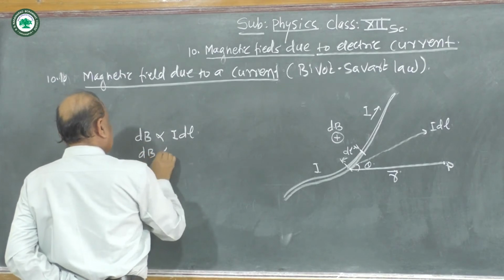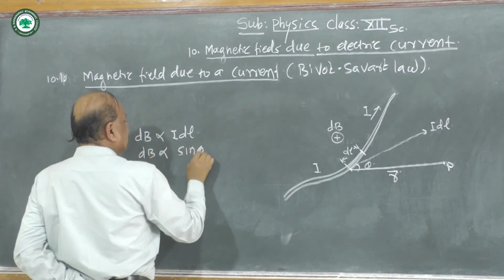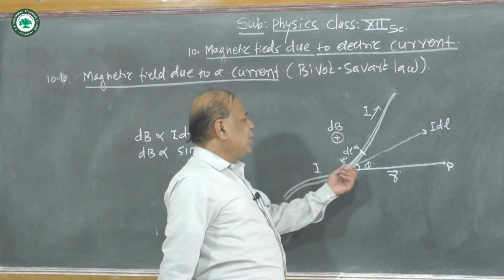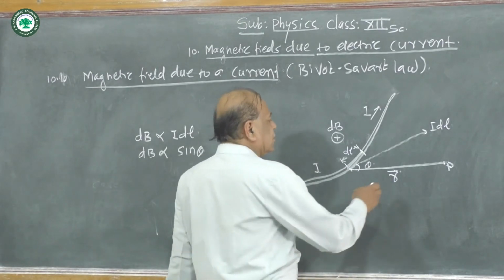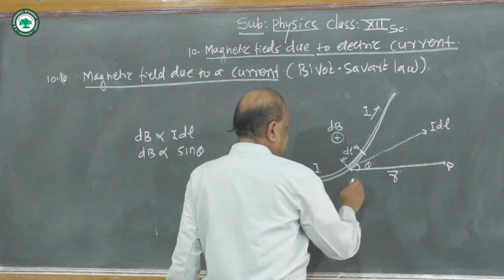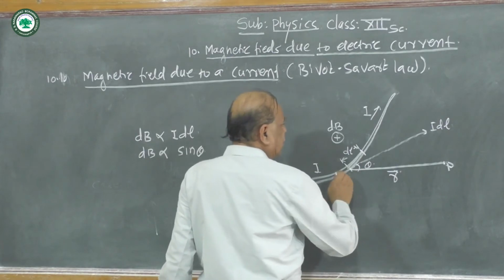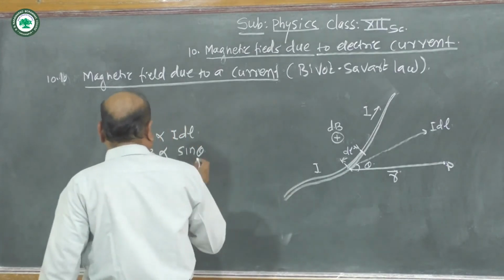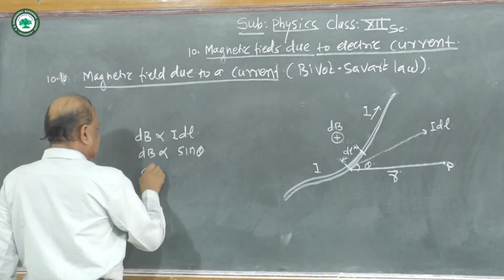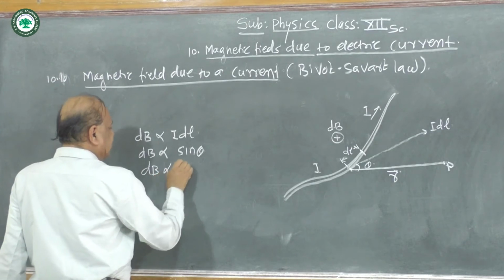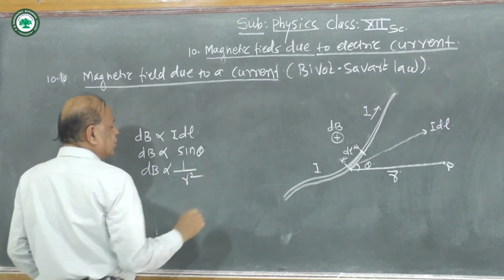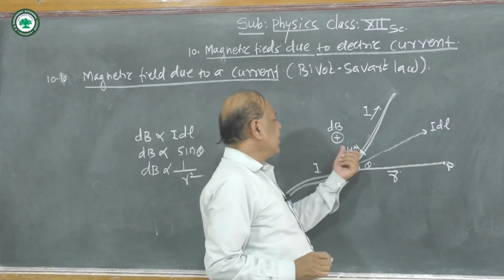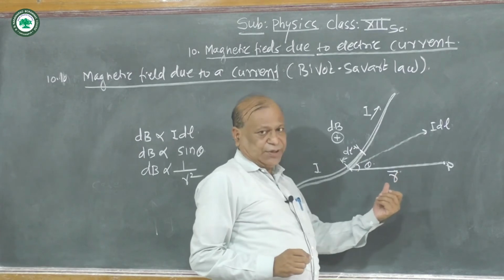It is also directly proportional to sin theta, the angle made by the vector drawn to the point P and the current element I dl. And the magnetic field is inversely proportional to the square of the distance between the point and the length element.